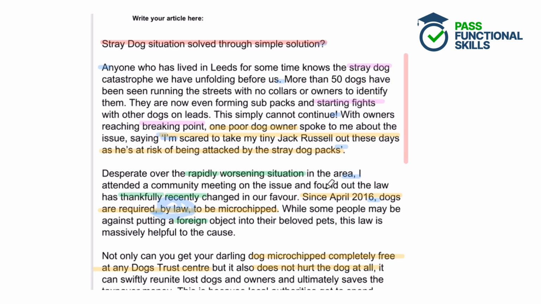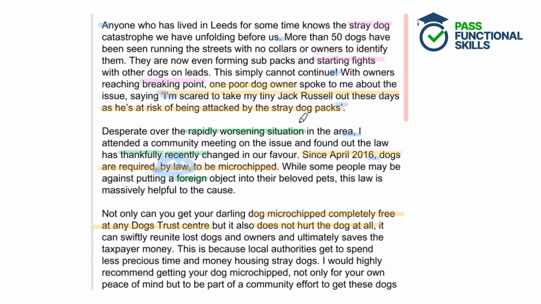So then we move on to a slightly different topic, but it's related to the previous one. So it explains that they've attended a meeting about this problem and found out about the laws surrounding these stray dogs and the microchipping law as well.